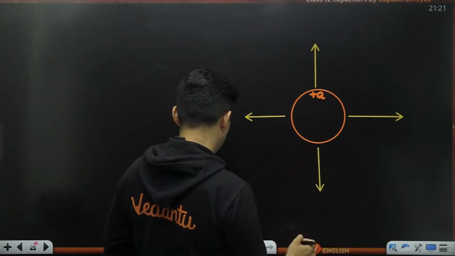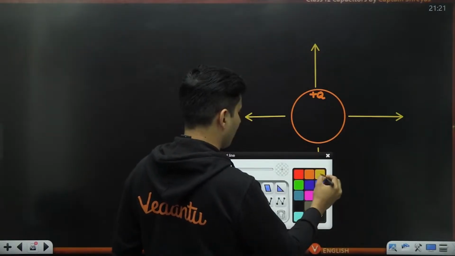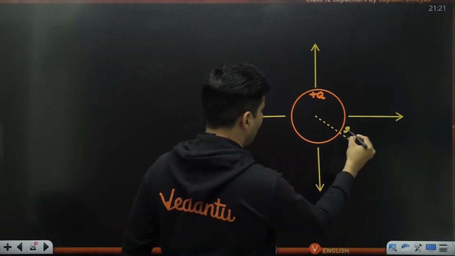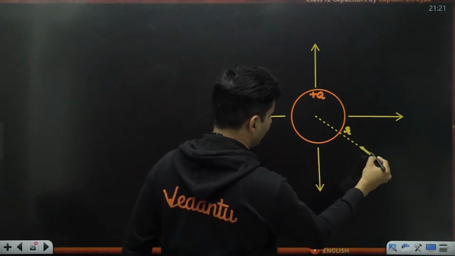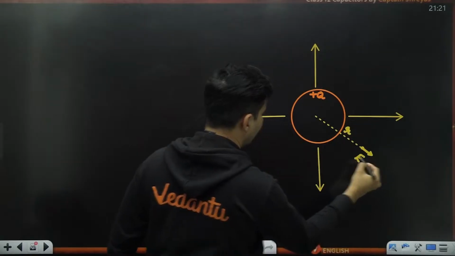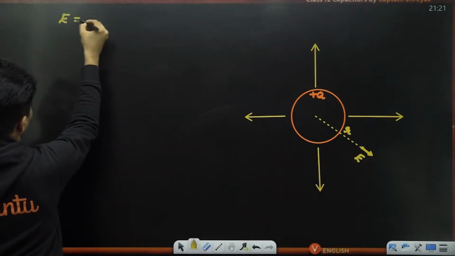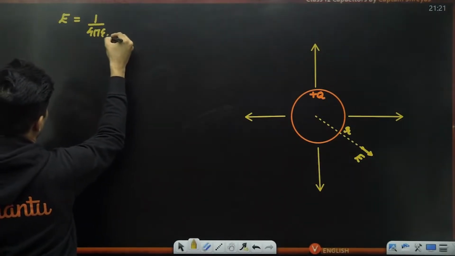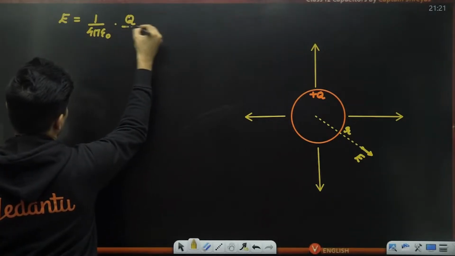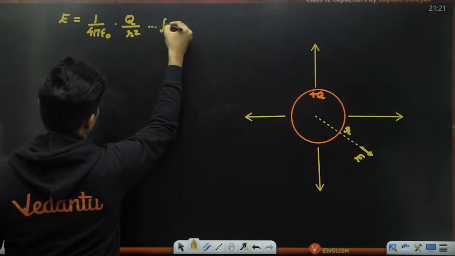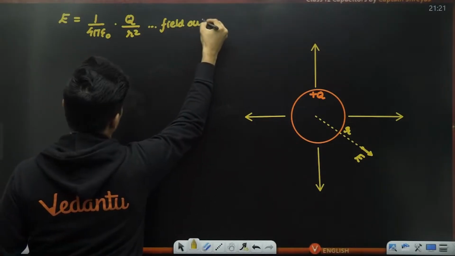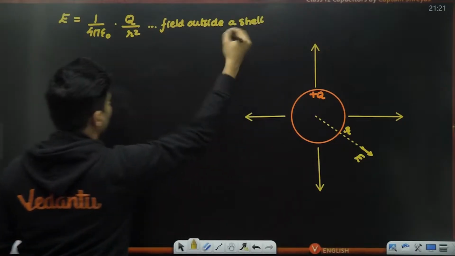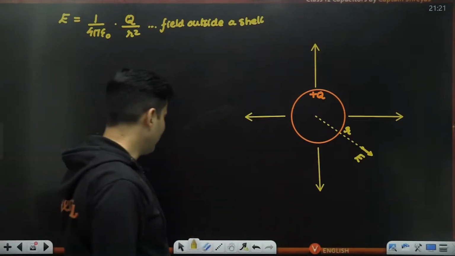And if you are at any distance, let's say R, at this point, that particular electric field will be Coulomb constant, which is 1 by 4 pi epsilon naught, the whole charge Q divided by R square. This is the field outside a shell.